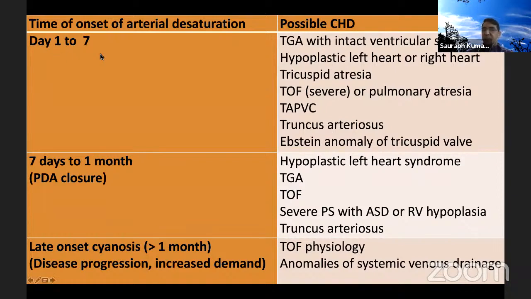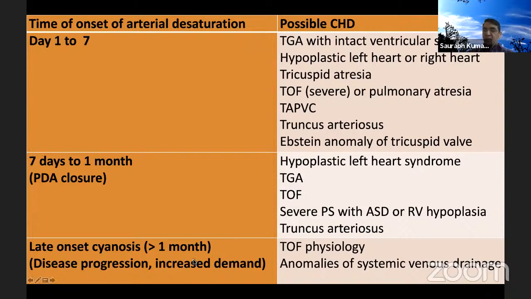If the patient presents on day 1 to 7, most of the time we are dealing with severe malformations, where there is either TGA type of serious right to left shunting, or severe reduction in pulmonary blood flow. Patients may present after the first week when the PDA closes, in conditions like TGA and TOF, where PDA dependent circulation is there.